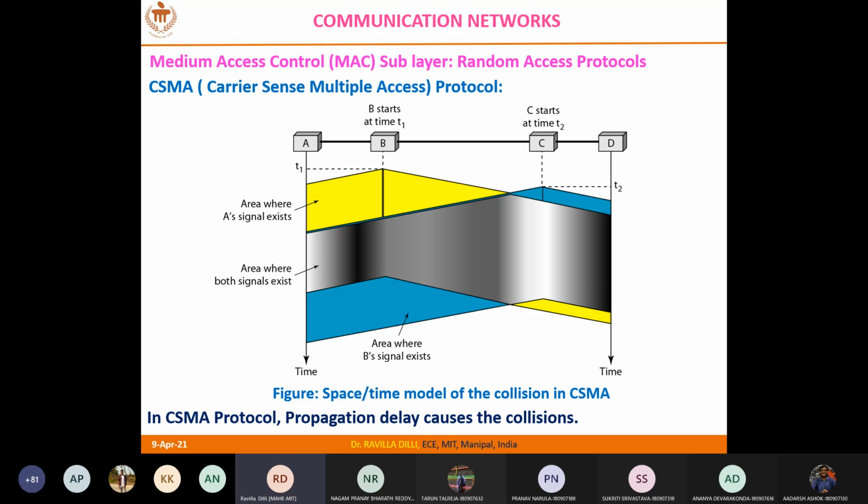The first bit of frame B has started at time instant T1. Because of propagation delay, it takes some amount of time to reach the other nodes. My question is, when will the first bit of frame B arrive at stations C and D, after T2 or before T2?